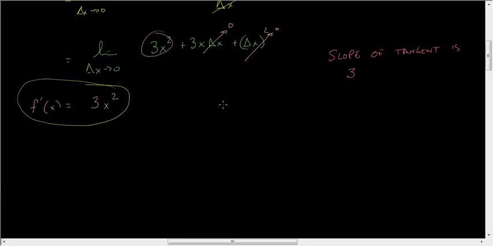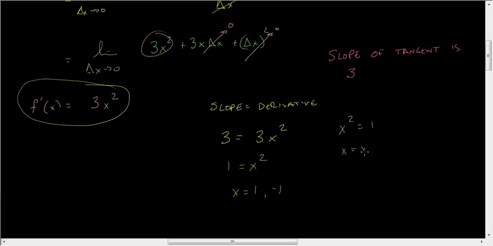And so if the slope equals the derivative, which means 3 is equal to 3x squared, then if we divide by 3 on both sides, we notice 1 is equal to x squared, and so x is equal to 1, or x is equal to negative 1. That's x squared equals 1, x equals plus or minus the square root of 1, so x is equal to plus or minus 1.